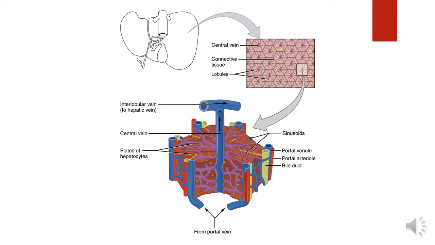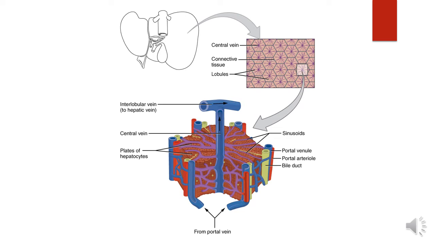So the blood goes in towards the center, and as it's going through, it's surrounded by a single layer of hepatocytes that have a very leaky endothelial layer surrounding it that is very permeable, so that the hepatocytes then have a very intimate interaction with the blood and have the ability to perform all of their actions.